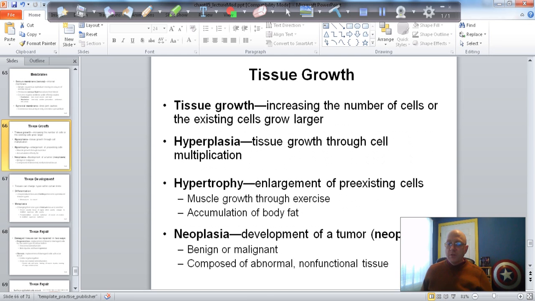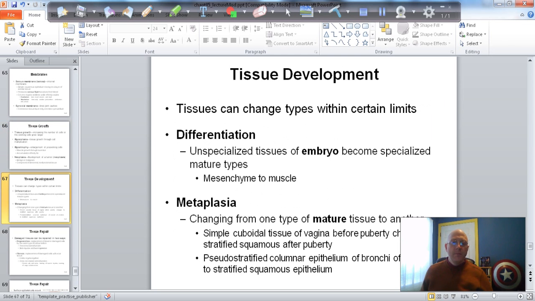We got two primary forms of growth: hyperplasia, multiply the number of cells; hypertrophy, make the cells bigger; neoplasia, you're creating something that is not useful. Okay. Development, differentiation, unspecialized cells become specialized; or metaplasia, a mature tissue changes to another tissue.